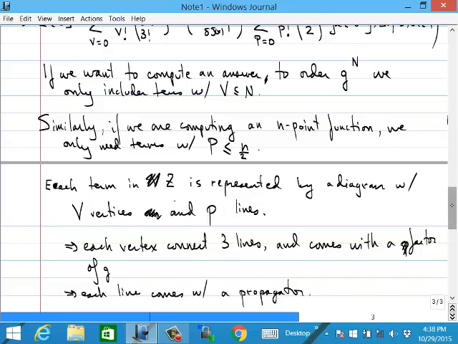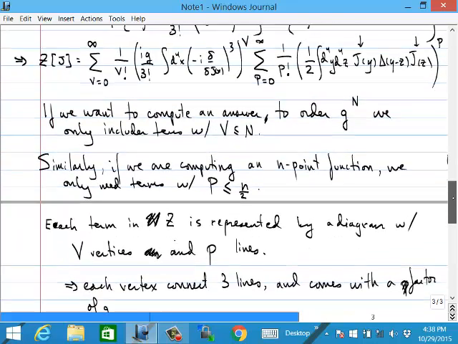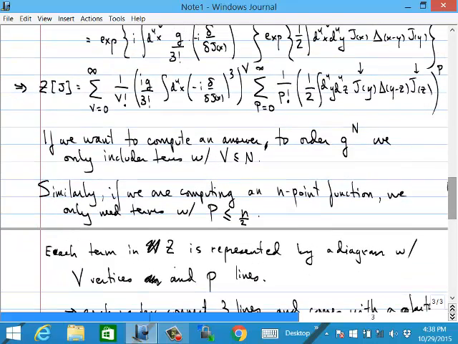And the total number of powers of j in one of these terms, what is that? Well, let's imagine expanding out this expression here for Z. Let's look at a term with some v and some p.